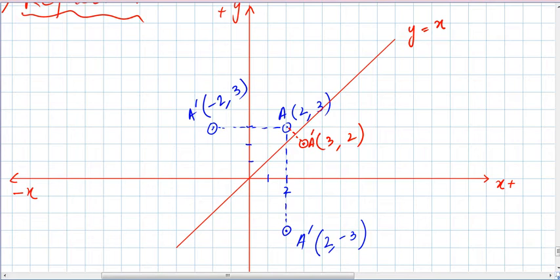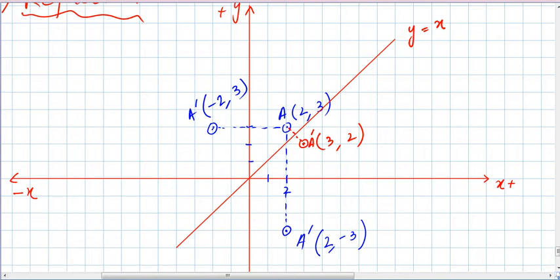And what did we observe? Actually, we observed that when we reflect the point A 2, 3 about the x-axis, it becomes 2, -3, means the y value's sign becomes changed. And when we reflect the point A about the y-axis, you will see that the x value's sign becomes changed, like -2.